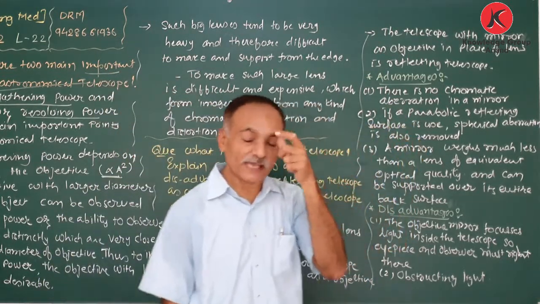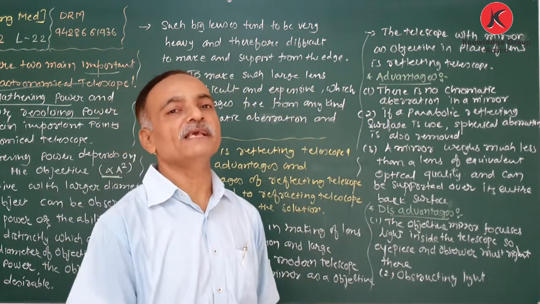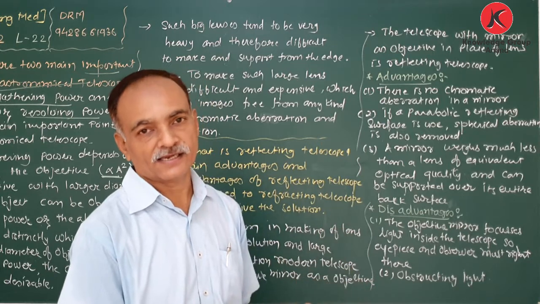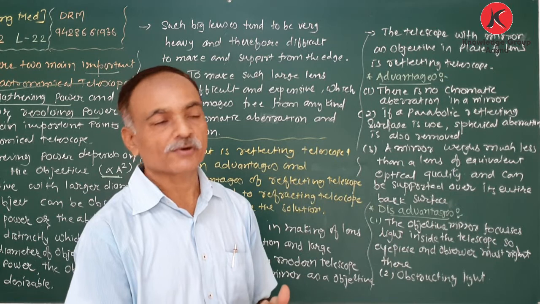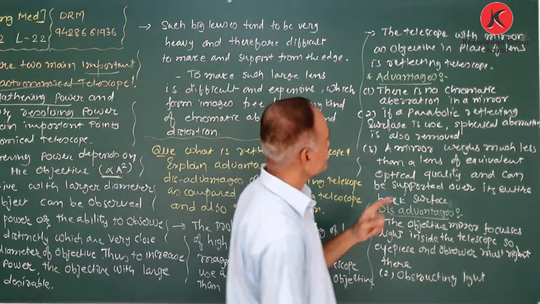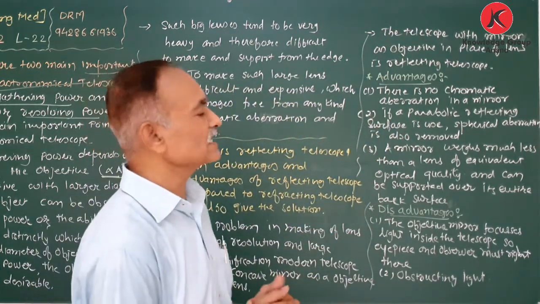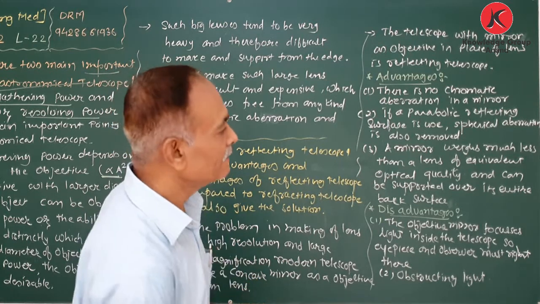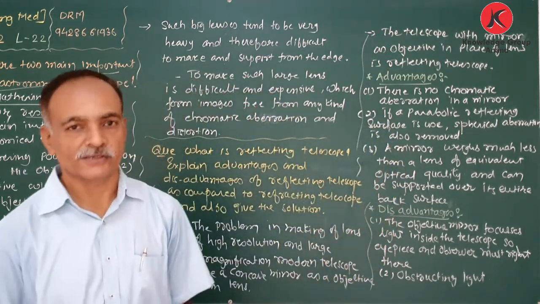And now, what is spherical aberration? Spherical aberration means the edges of the image are not clean, not sharp. There is bending, and it is not clear. That is known as spherical aberration. Now, second, if a parabolic reflecting surface is used as the reflector or mirror, the spherical aberration is also removed.